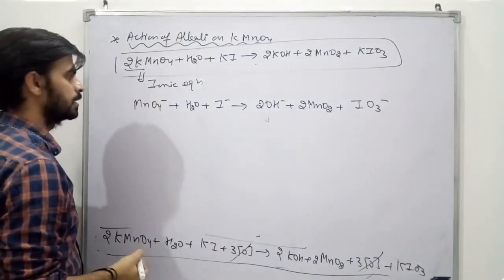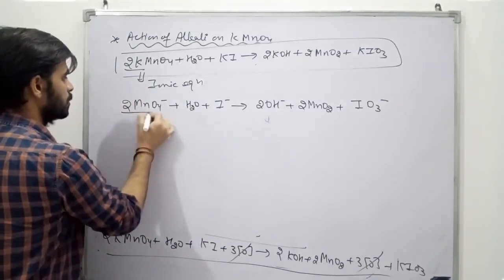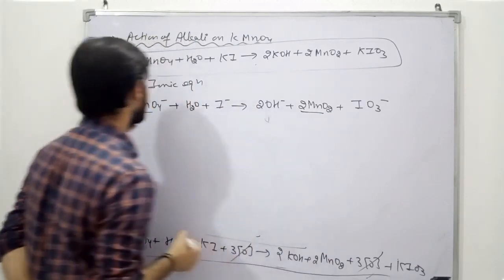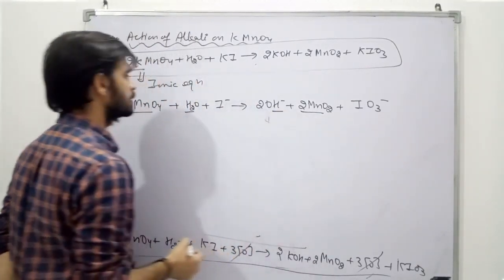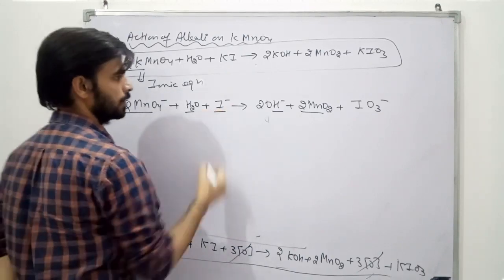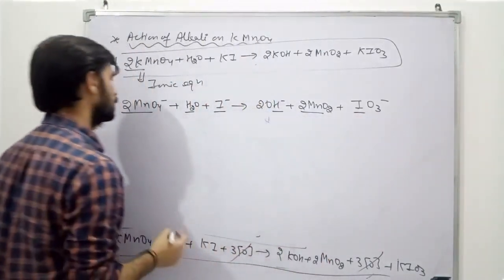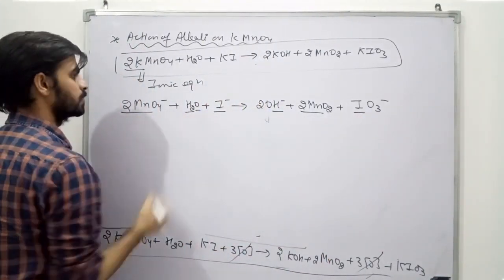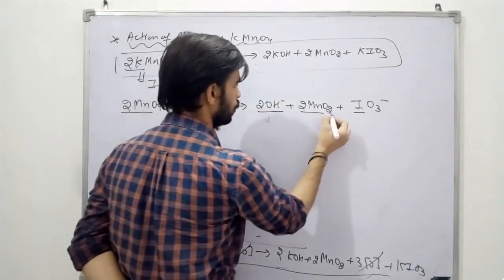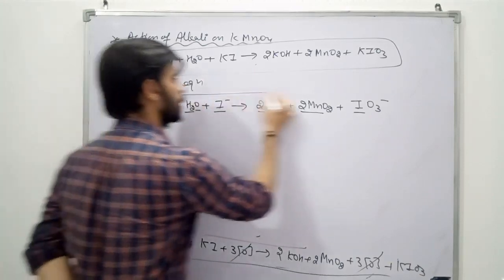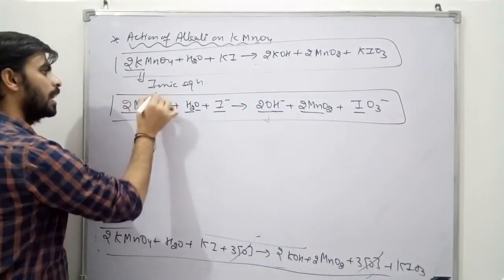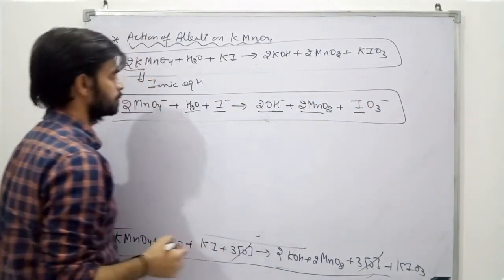Now check whether it is balanced or not. 2 manganese, 2 manganese, 2 H, 2 H, single iodine. Now oxygen: 4 plus 1 is 5, plus 4 is 9; 2, 4, 6, 7, 8, 9. So here you have the final balanced ionic equation.